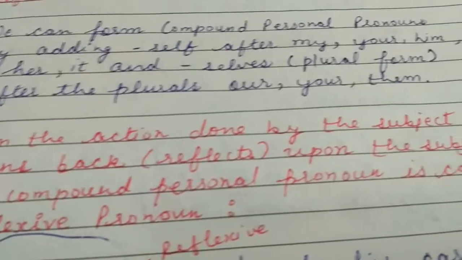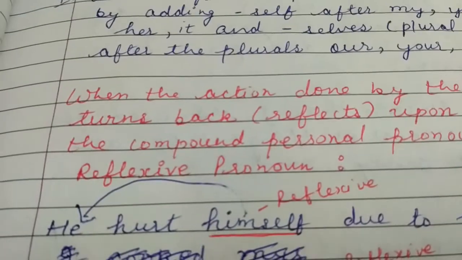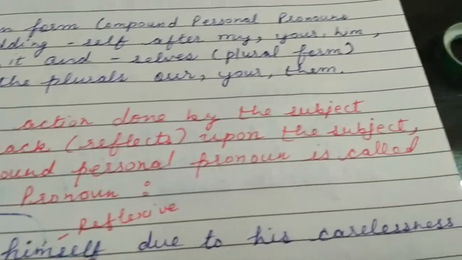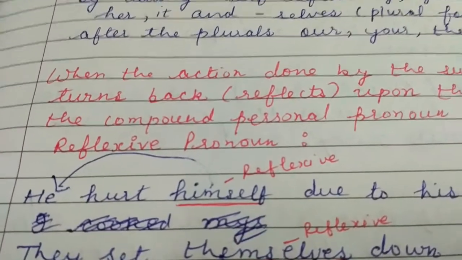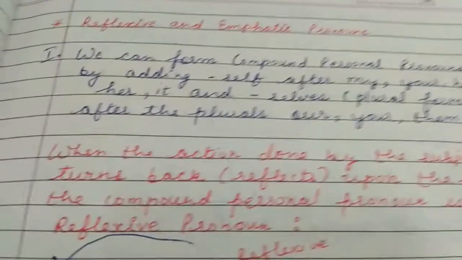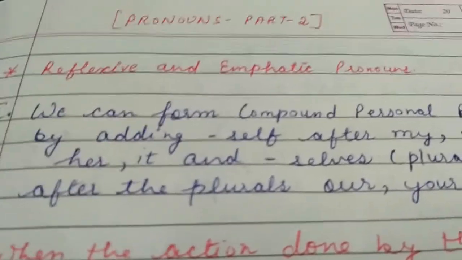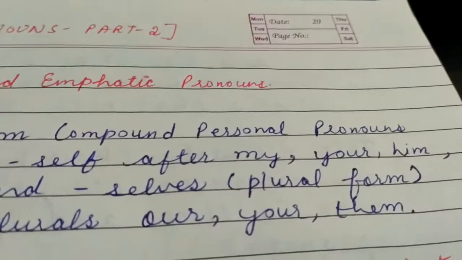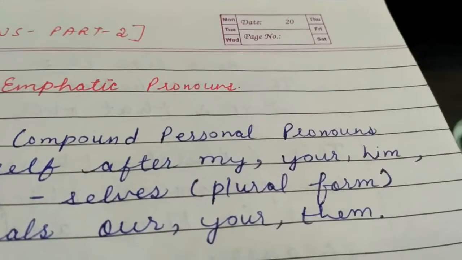Here is the definition: when the action done by the subject turns back or reflects upon the subject, the compound personal pronoun is called a reflexive pronoun. The method to make a reflexive pronoun: if the pronoun is singular, for example my, you will add self, so it becomes myself.